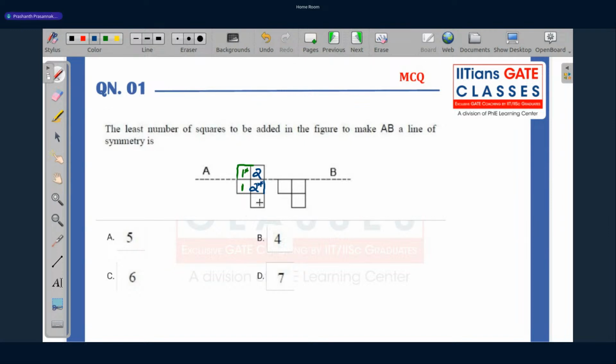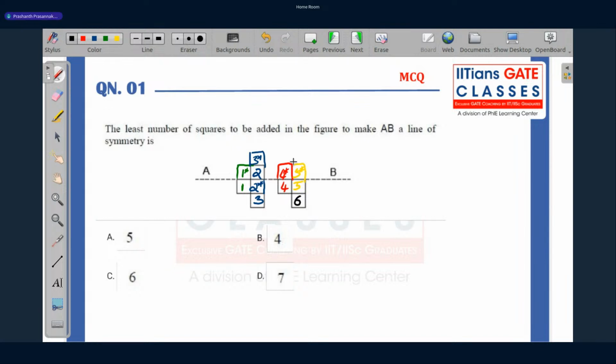Similarly, I can do it for all the remaining boxes. This is box number 3, it's going to be 3 star over here. Let me take this as box 4, this will be 4 star. And box 5 and 5 star here.